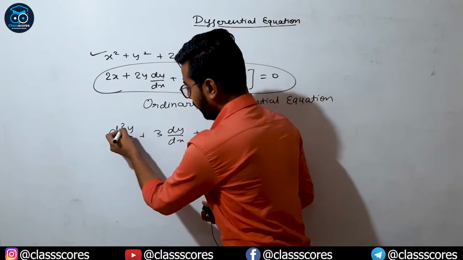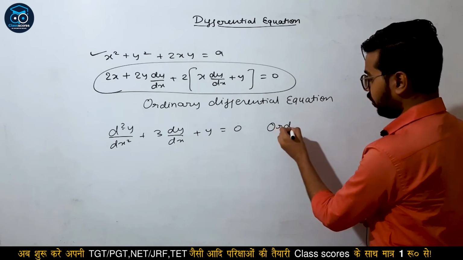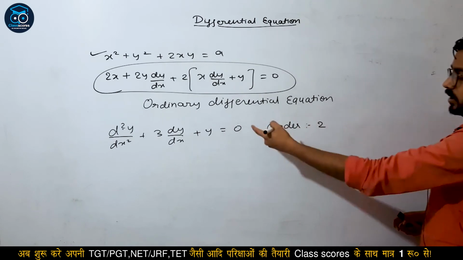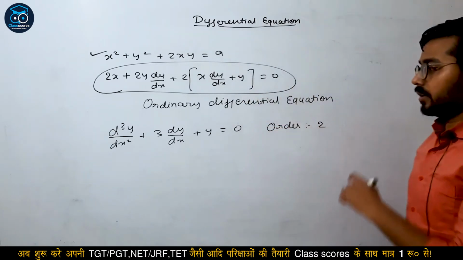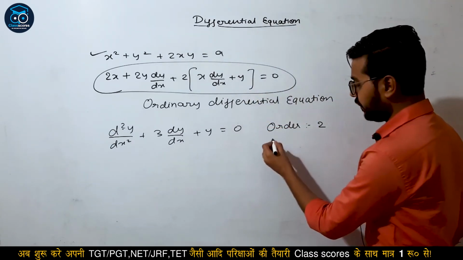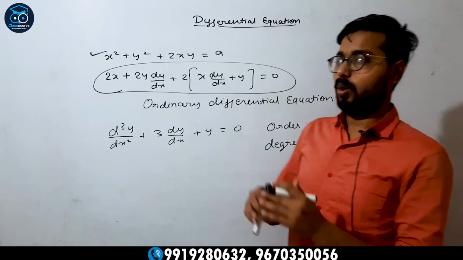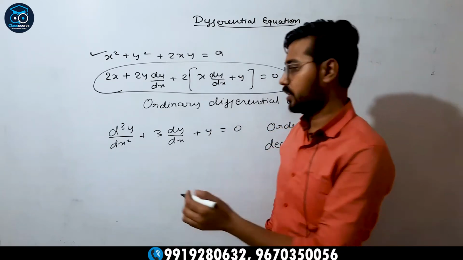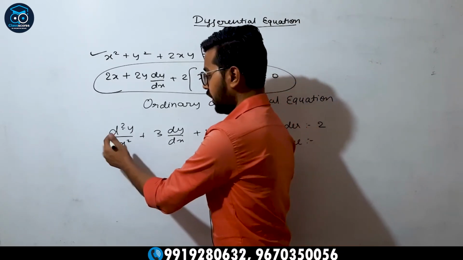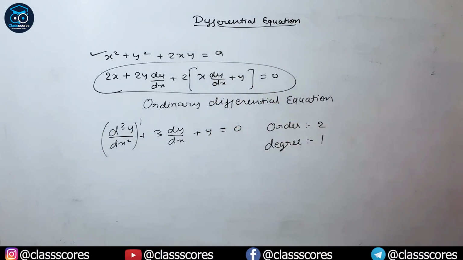Here the maximum is 2, so the order is 2. This is a second order differential equation. Degree is the whole power of the maximum derivative. Here the whole power is 1, so the degree of this function is 1.